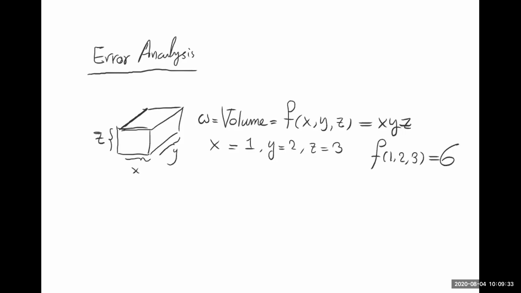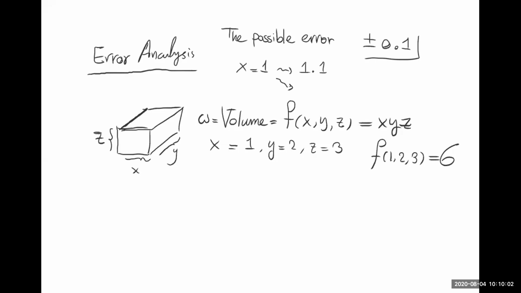So suppose the possible error involved in making this box is plus minus 0.1, which means X might be 1, it might be 1.1, or it might be 1 minus 0.1, which is 0.9, or anything in between.